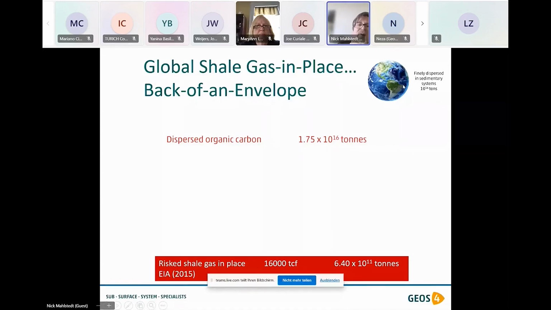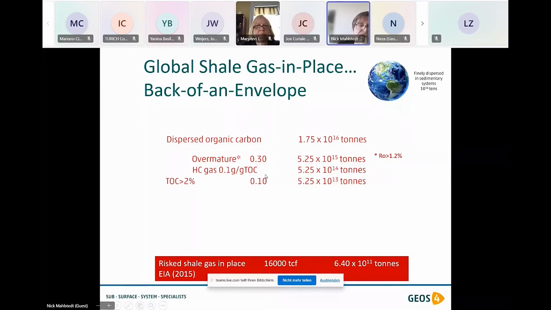The first one: planet Earth contains roughly 2 × 10^16 tons of dispersed organic carbon, of which 30% are overmature and have a hydrogen gas potential of 0.1 gram per gram TOC.